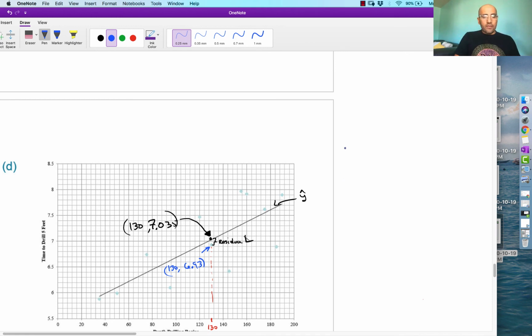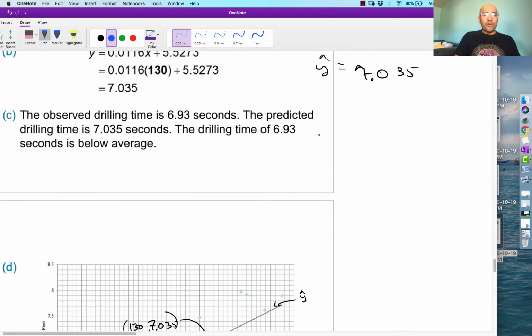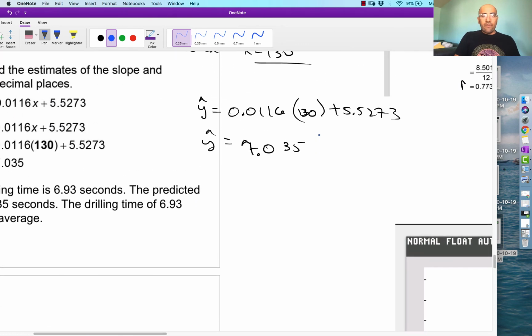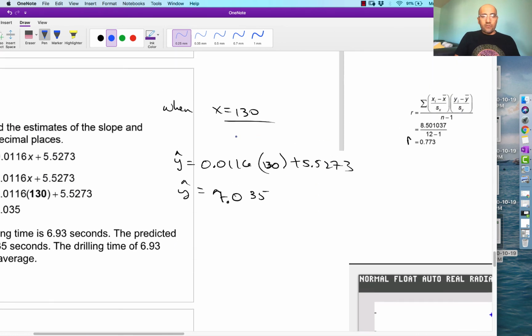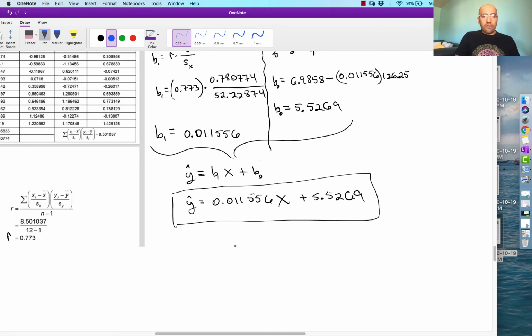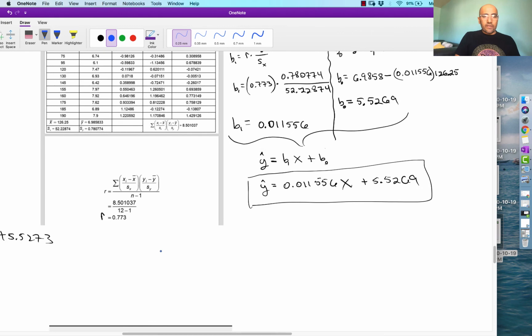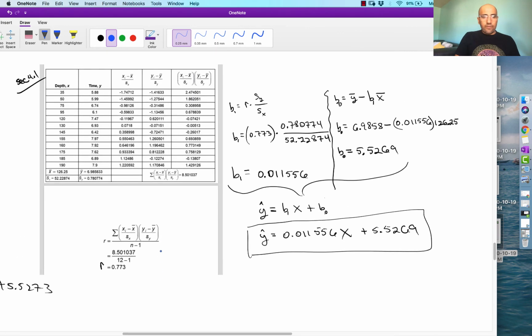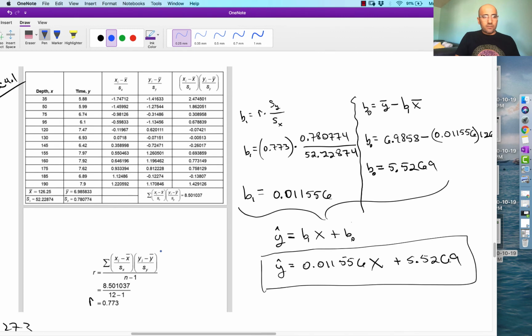Well, this was fun, but is there a faster, better way to do this? There is. We could just have our calculator do the whole thing. So we found this equation, not this one, over here. We found this equation in a very, very painful manner, right? If you had to do this whole thing by hand, you basically have to do everything that's on this screen right now, right?